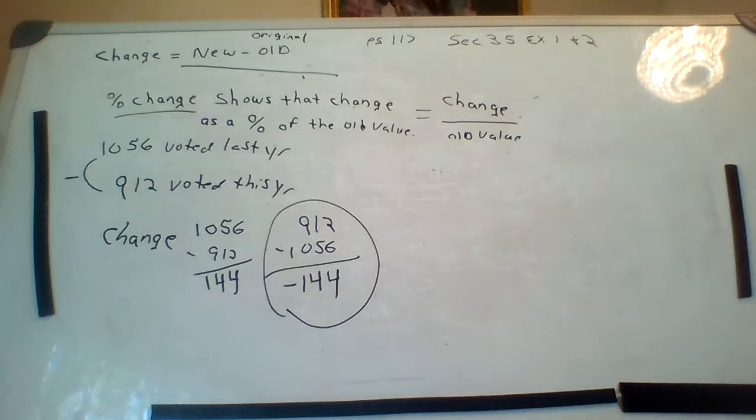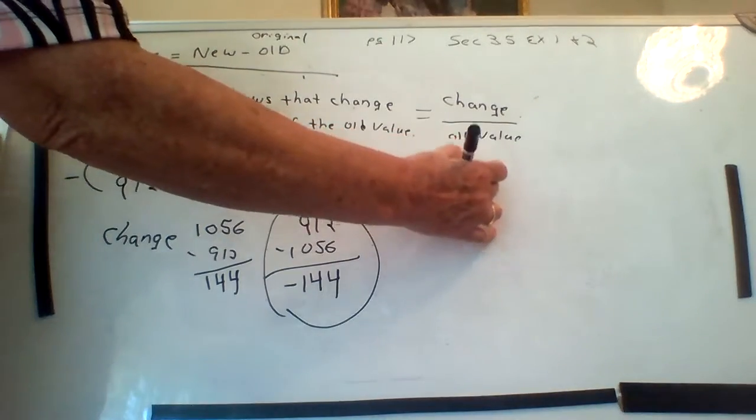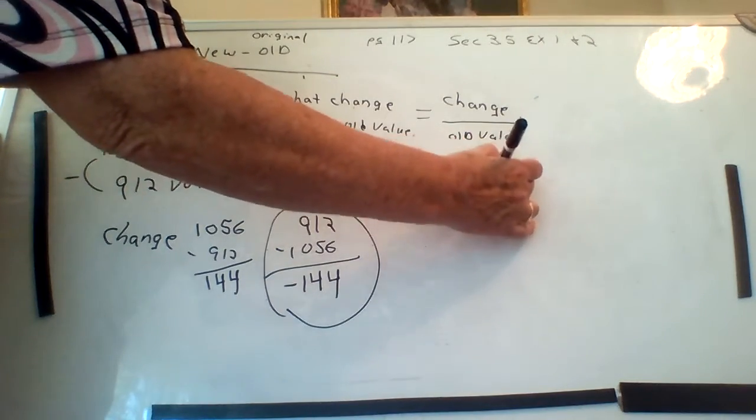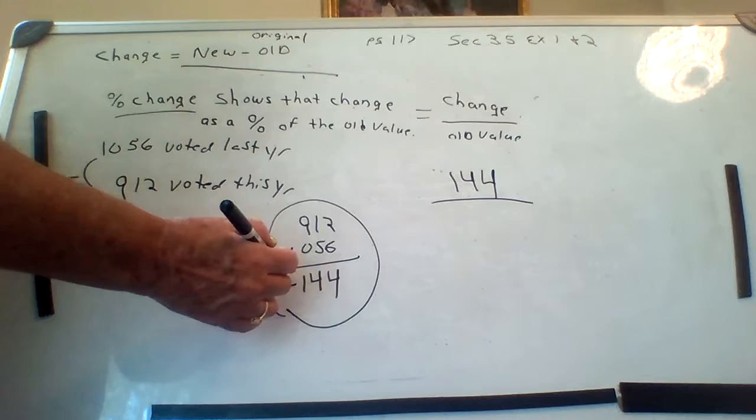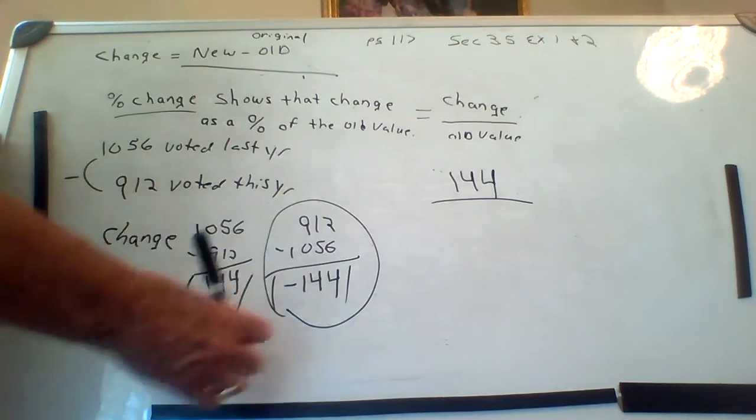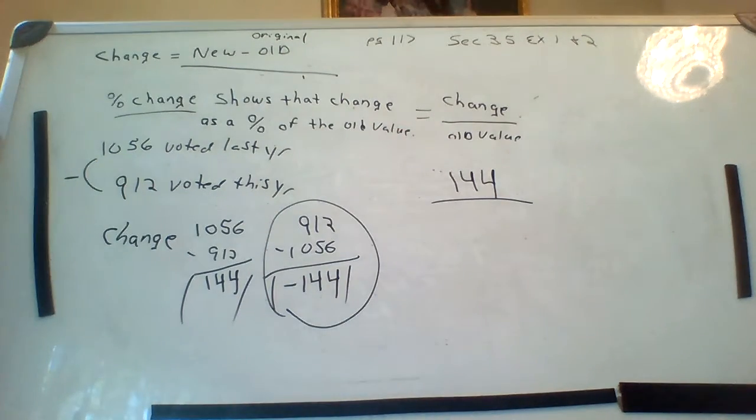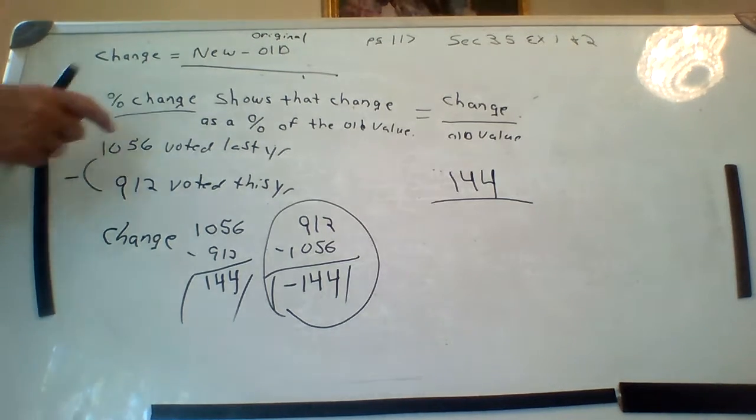And the question says, find the percent of decrease to the nearest tenth in votes. So we're dealing with decrease in votes. So our change was 144, because we're doing the absolute value of the change. So the change was 144 over the original value. That was our original.